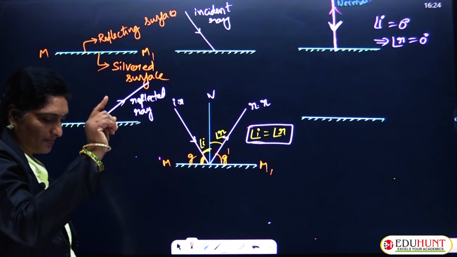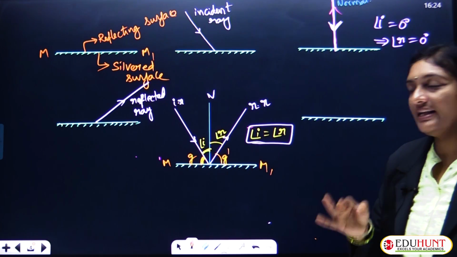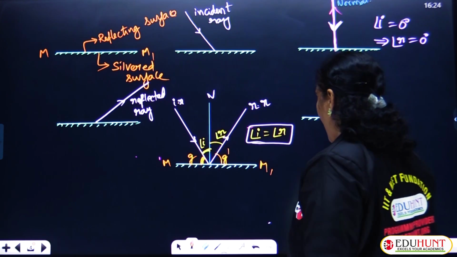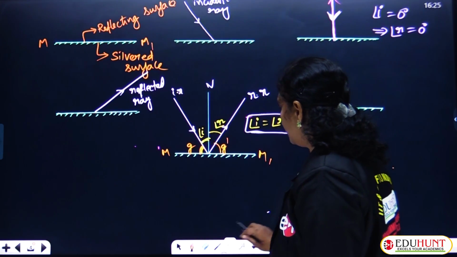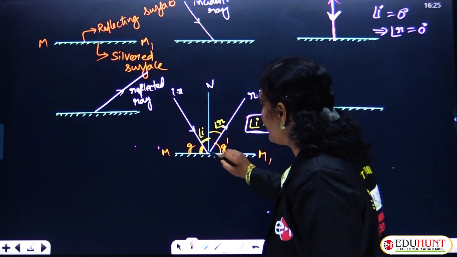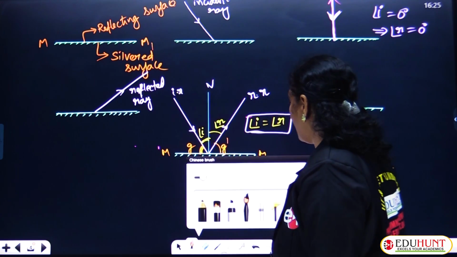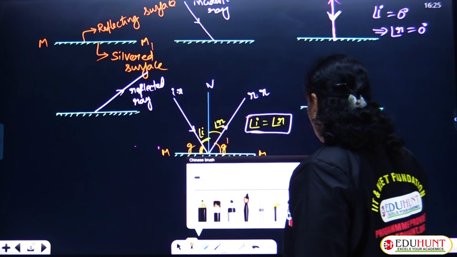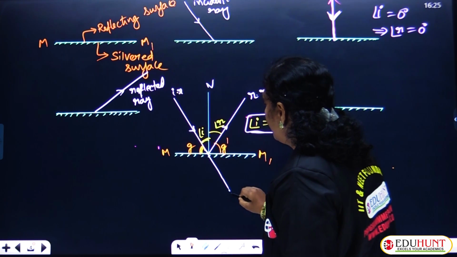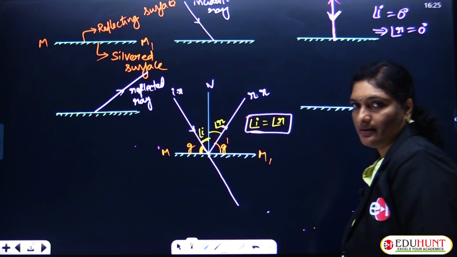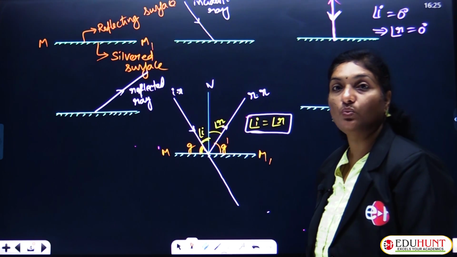And last, one more thing I need to consider, children, that is the angle of deviation. So what is meant by angle of deviation? Suppose the light ray, after falling on the surface, is reflected back into the same medium. Actually, instead of a plane mirror, suppose there is some transparent medium like glass or water.